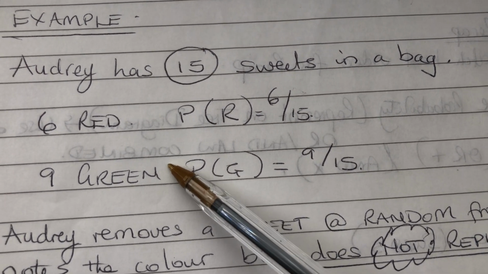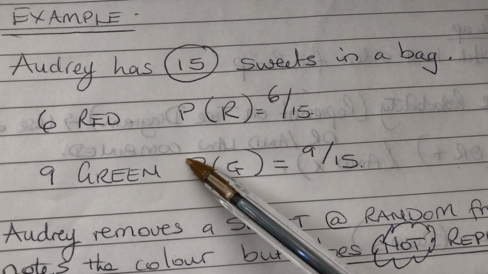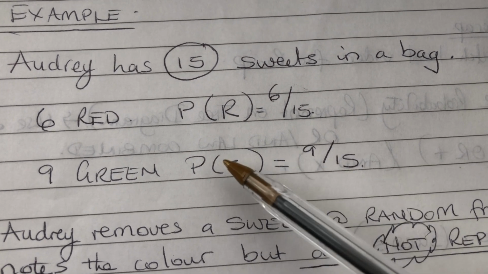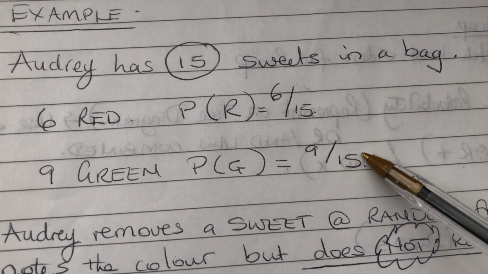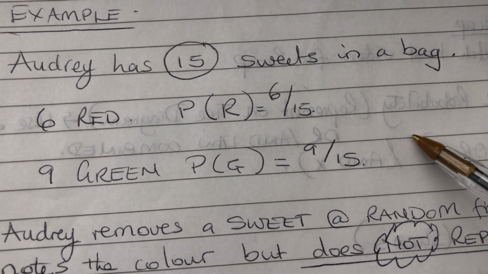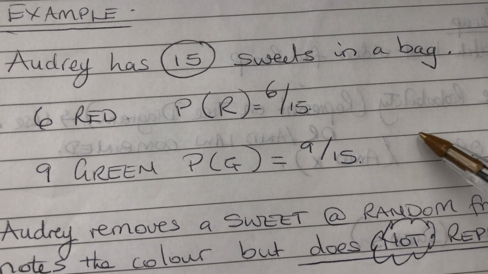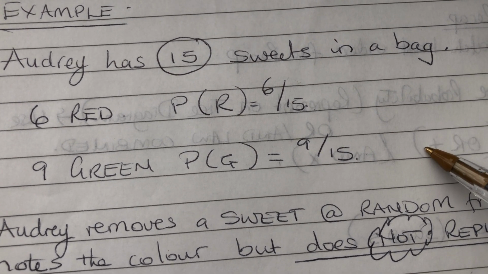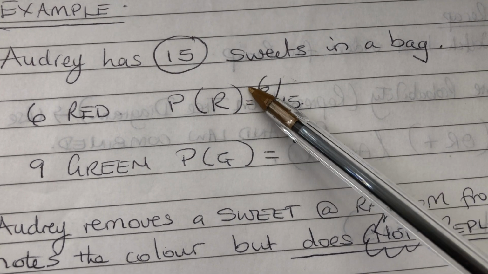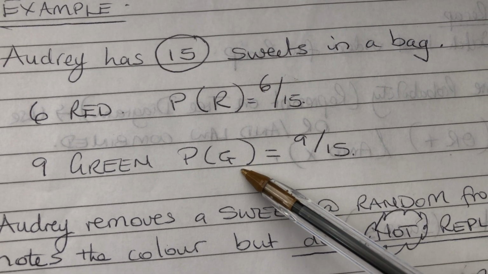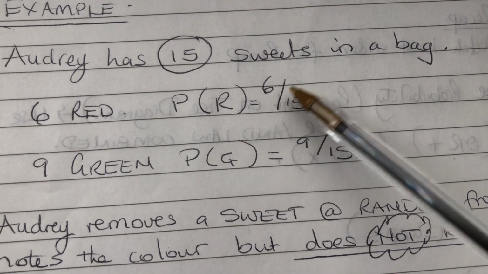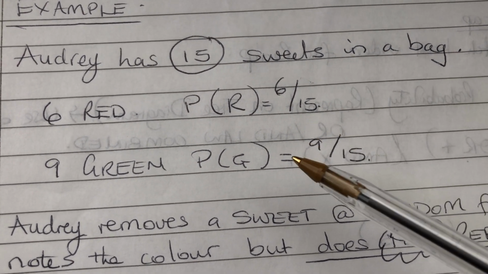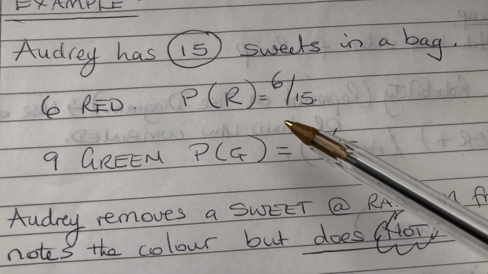If the probability of choosing a green is 9 out of 15, the probability of not a green is 1 minus 9 out of 15, which is 6 out of 15. Okay, so you either choose a red or a green. I have done this in the earlier video. What I just said, I just thought I'd throw it in there.